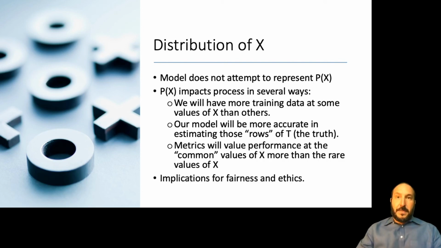But this has a lot of implications for fairness and ethics, and there's been a lot of discussion about this in the media today. One of the implications is that this probability distribution on X, the demographics of our training data, is going to essentially say that we are less concerned with doing a good job on the things that we see more rarely.